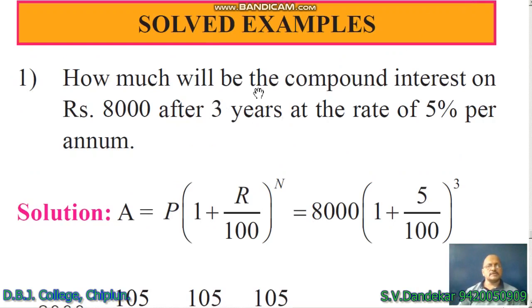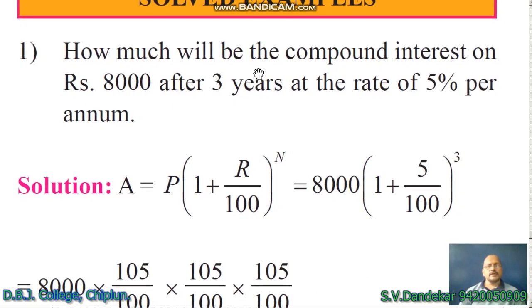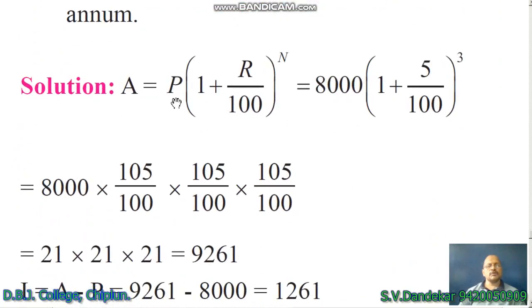Next set of solved examples in the continuation. How much will be compound interest on rupees 8,000 after 3 years at the rate 5% per annum? The formula we have A is equal to P into 1 plus R by 100 raised to N. 8,000 into 1 plus 5 by 100 raised to 3. 1 into 100 is 100, 100 plus 5 is 105 upon 100.